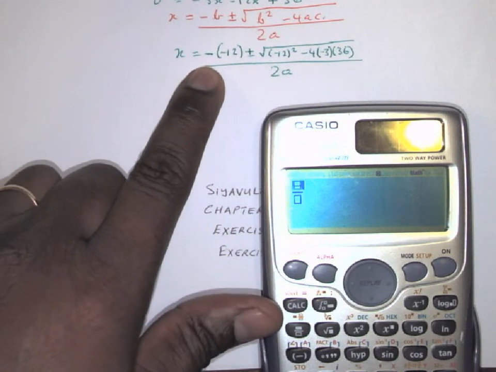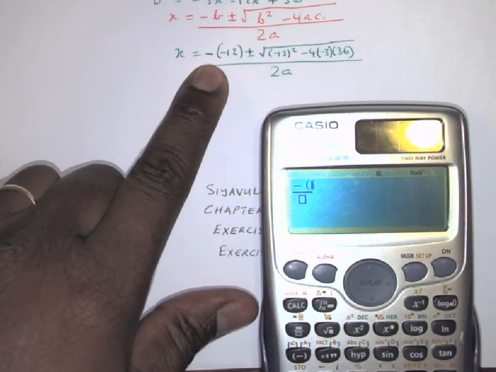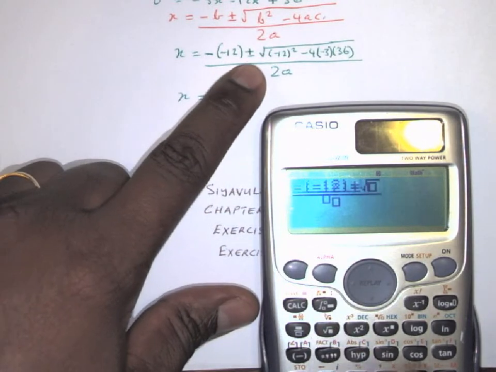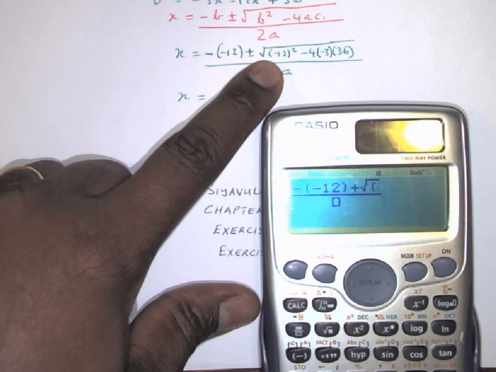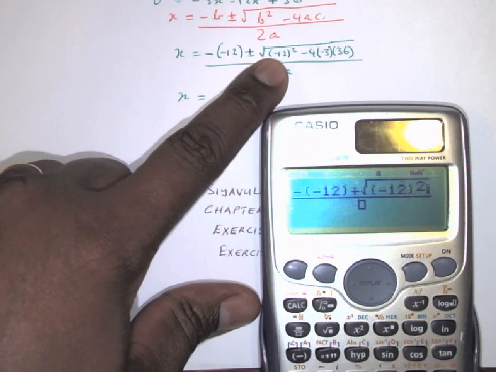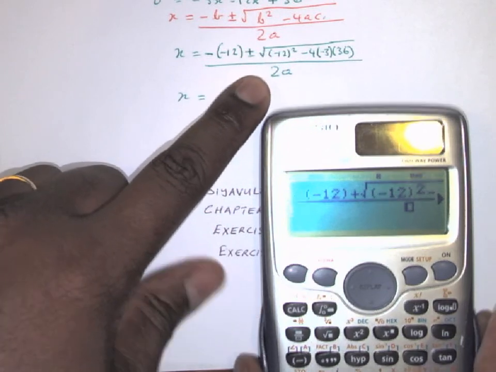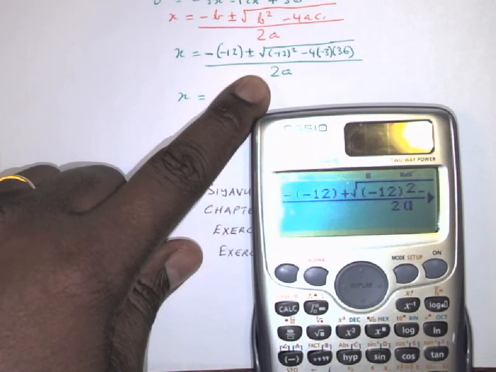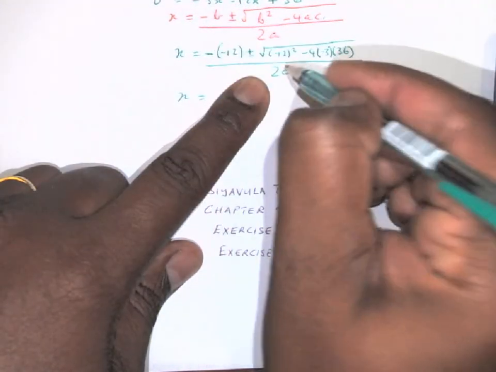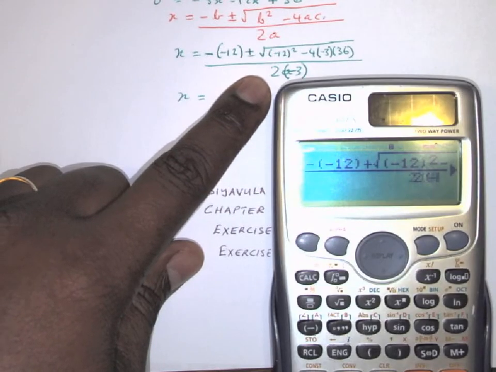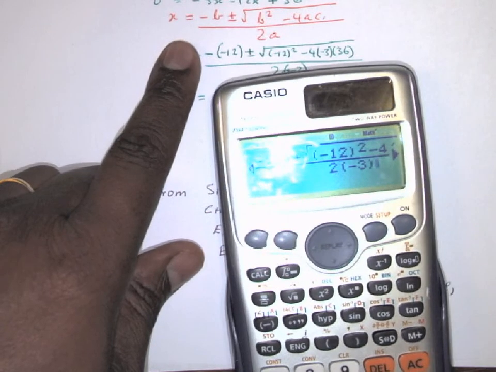So there's minus, open bracket, minus 12, close, plus the square root of, open bracket, minus 12, close, squared, minus 4, open bracket, minus 3, close, open bracket, 36, close, over 2, open bracket. What's our a value? I forgot the a value was minus 3. Put minus 3, close there.